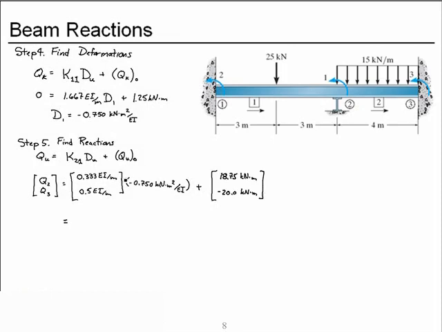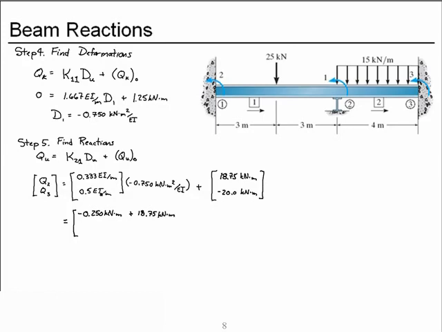So if we multiply this vector by this constant, I get a negative 0.25 kilonewton meter. The EI's cancel and one of the meters cancels, and to which we'll add the fixed end force 18.75 kilonewton meters.